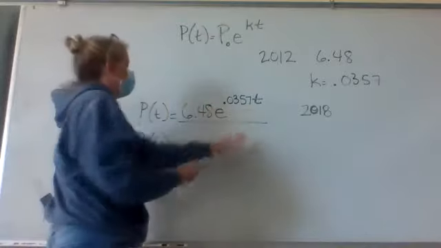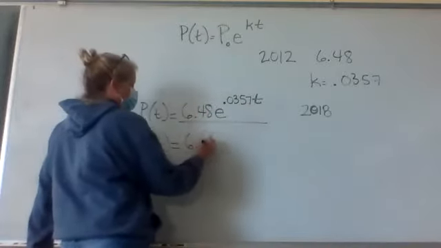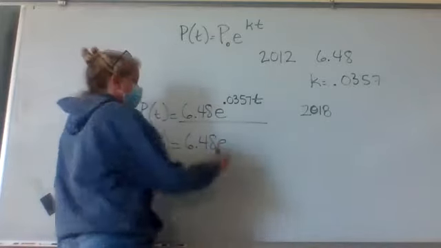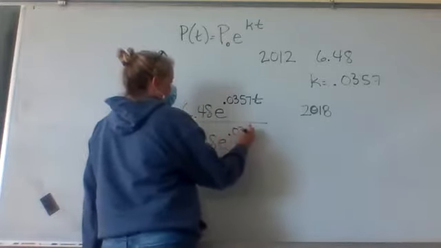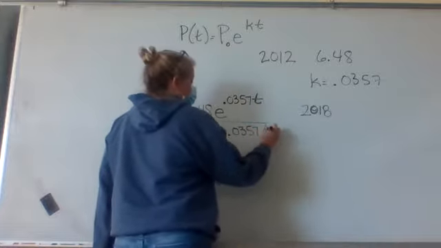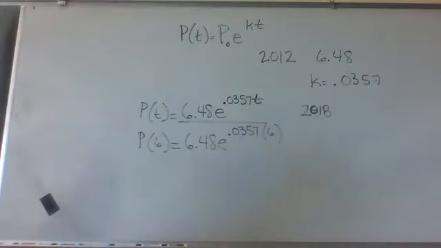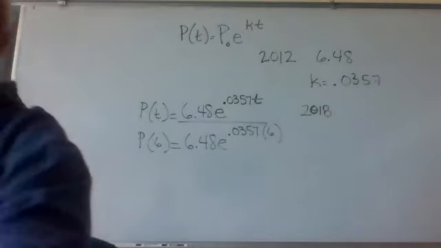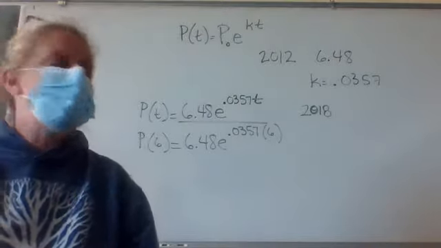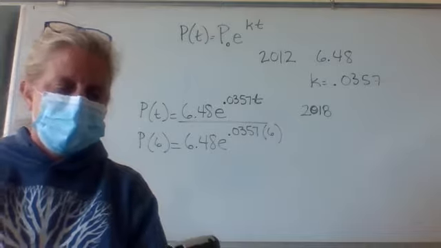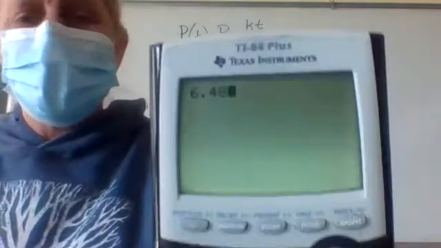So replace the T with 6, and you have 6.48 E to the 0.0357 times 6. We'll put that in our calculator. In your calculator, you're going to type in exactly what you see. So 6.48. Now, remember where your E is.